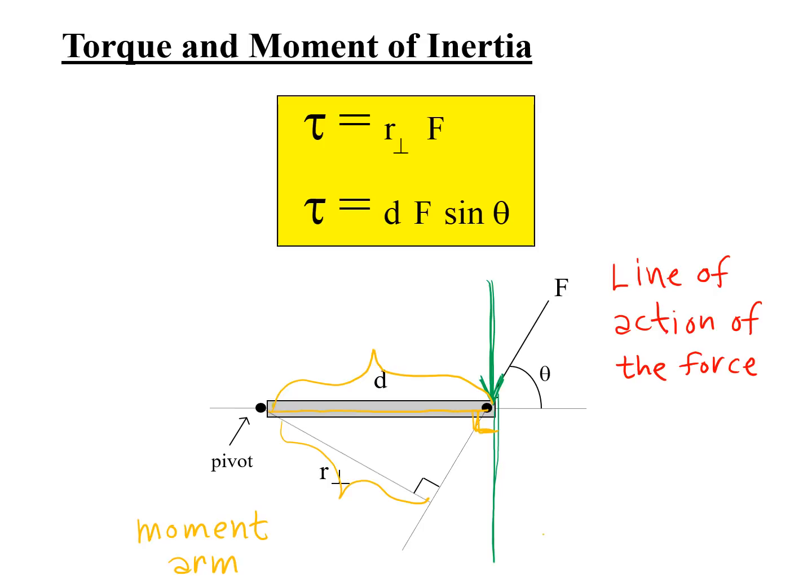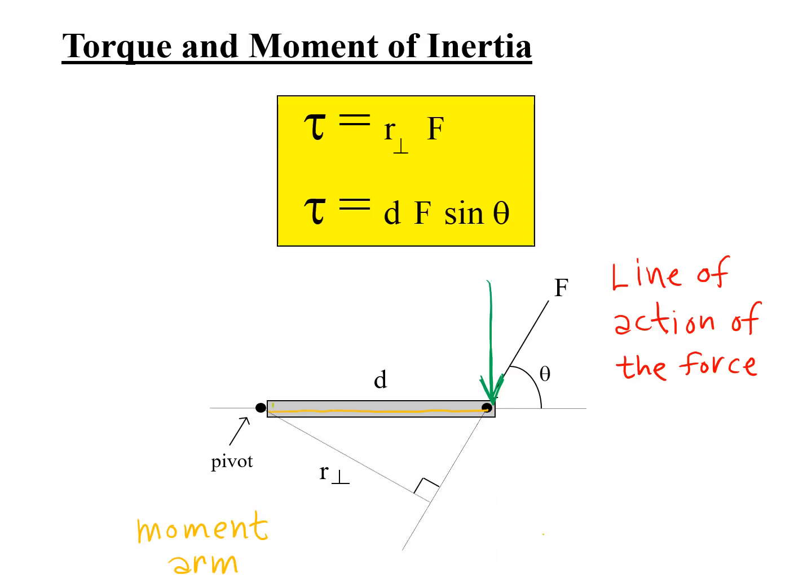I've actually increased the length of the moment arm by applying the force in a slightly different direction. So same size force, a person pushing with the same hardness against the door, but the force would be much more effective in this case because the moment arm would be longer.